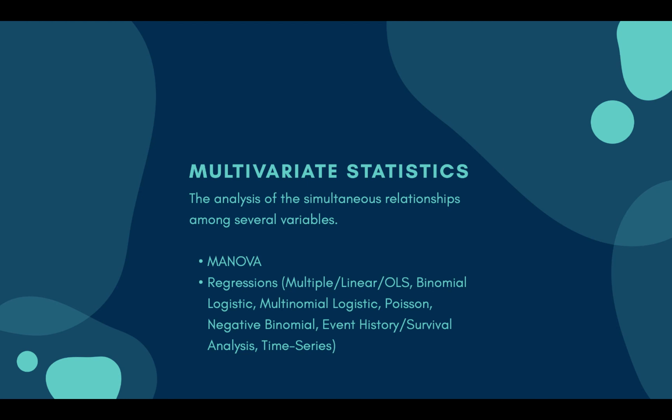So we have MANOVA, which is multivariate analysis of variance. We can talk about RM ANOVA, which is repeated measures ANOVA, another type of ANOVA, but it's not really multivariate, just so you know.